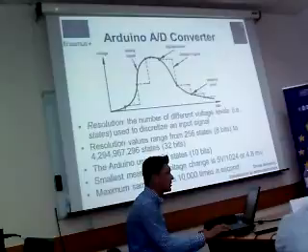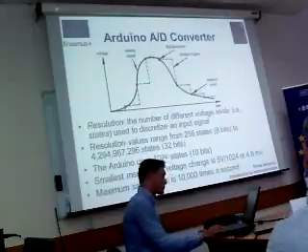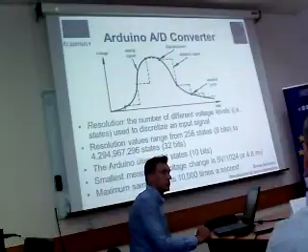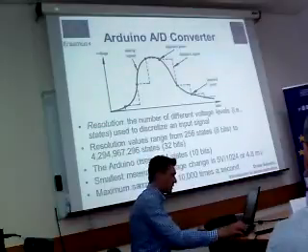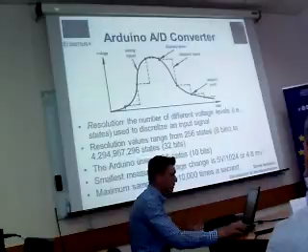What about the Arduino analog digital converter? There are a few numbers about the converter which we are going to use. So a short definition of what the resolution is. I just told you about it.